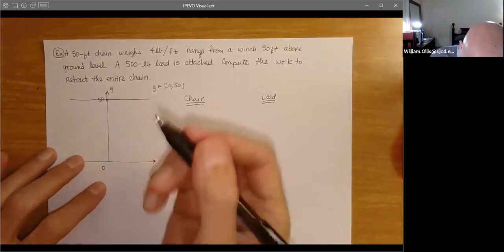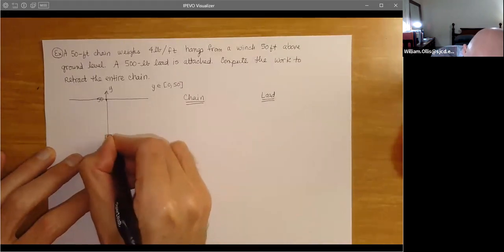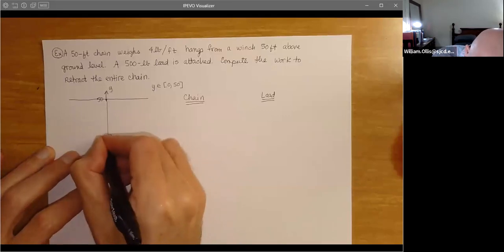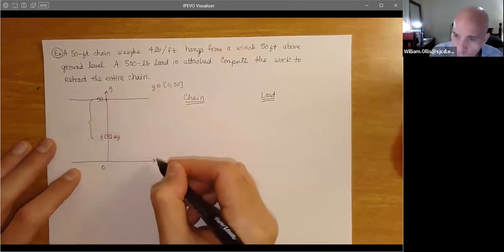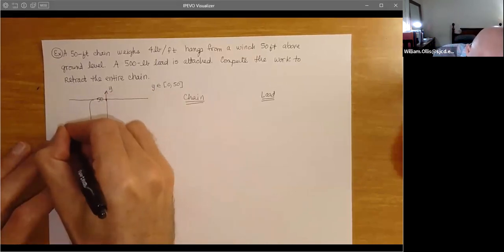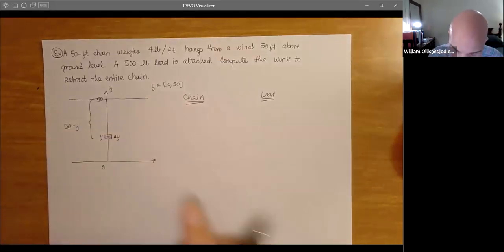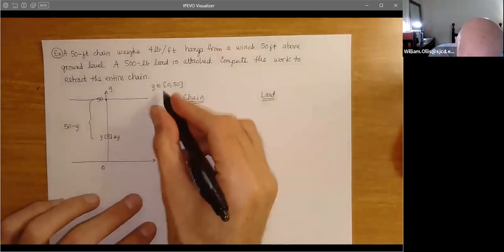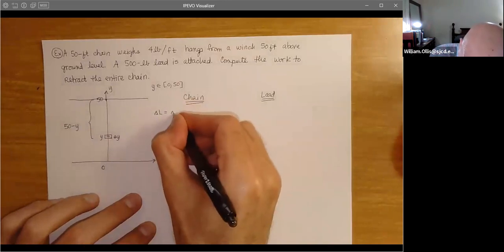So now we can think, all right, we take some y here and we take a little piece of this, and that's just delta y. So here's our y. And we think, well, we've got to go a distance 50 minus y. So when you look at this, you're thinking, well, there's nothing to do. It's so simple. So we have a change in length, which is delta y.